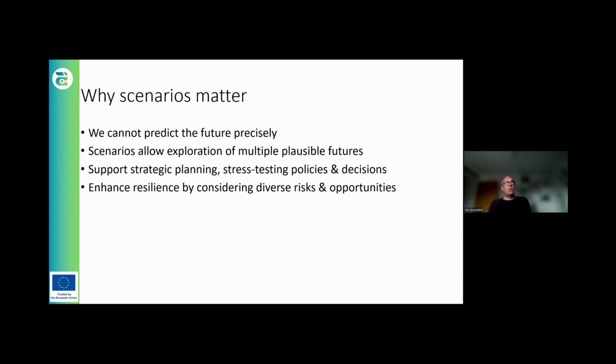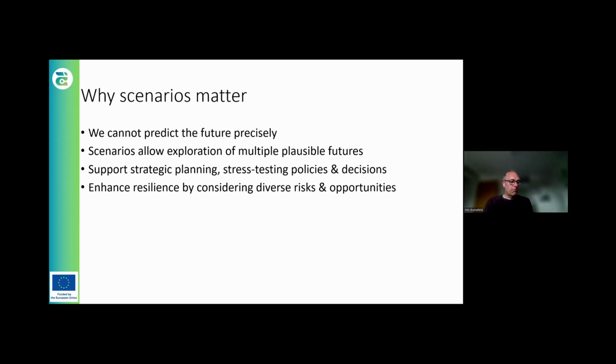So why do these scenarios matter? They are really interesting because we know already that we cannot predict the future precisely. This is more evident than ever now with climate change that affects biodiversity, that affects food production, food security, and all of these factors interact.